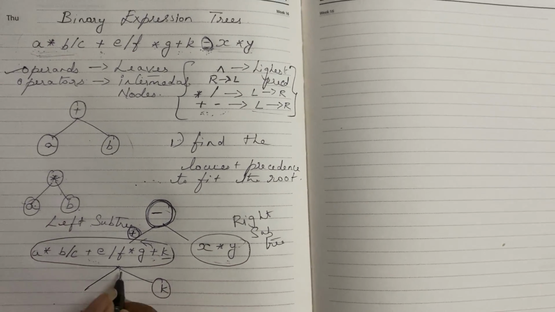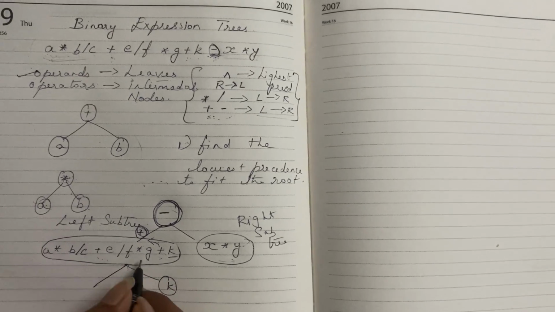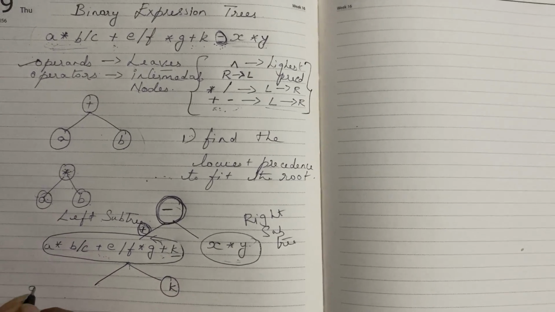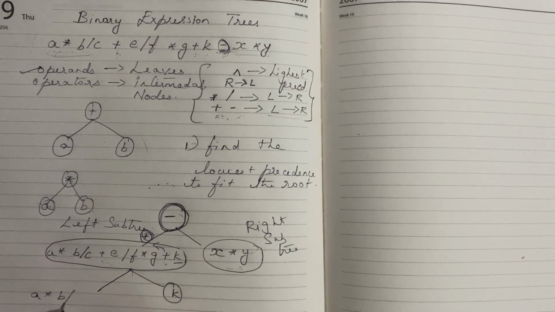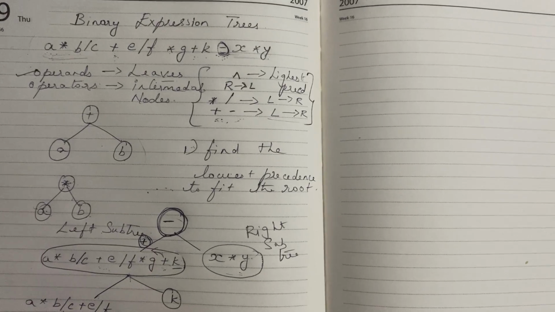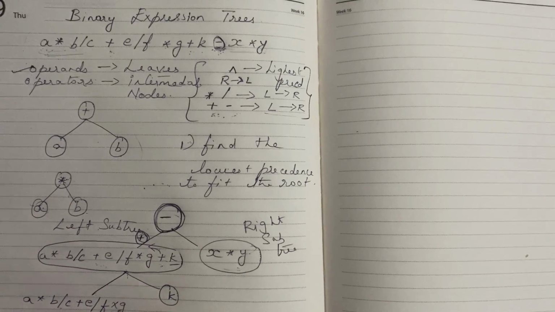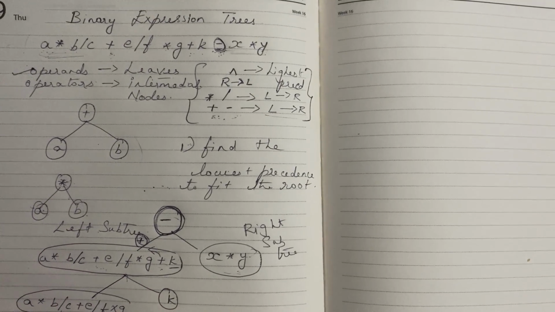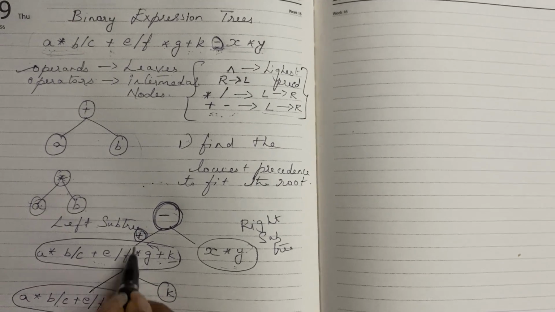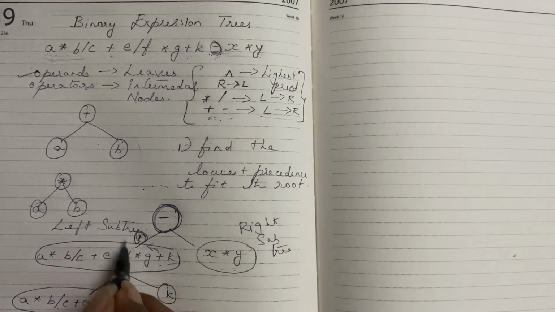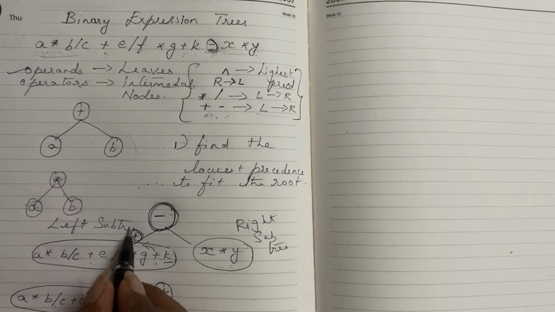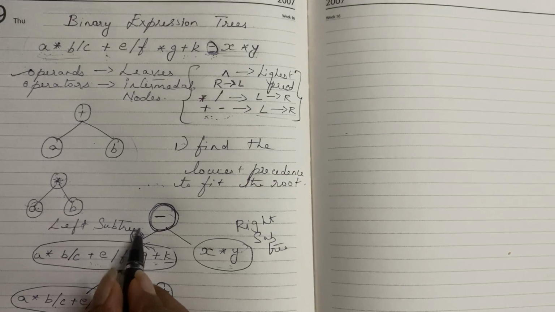Towards the left side you will have a into b by c plus e by f into g. Okay, the root for this is your plus. Since I am not able to rub it and write again, I have given this particular root to be here.